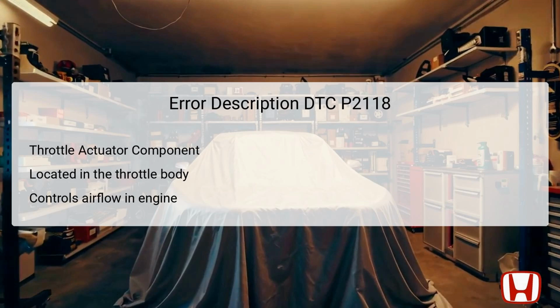The throttle body is typically situated between the air intake and the engine's intake manifold, allowing it to directly influence the mixture of air and fuel. Correct operation of this actuator is crucial, as any malfunction can lead to erratic engine performance, increased fuel consumption, or stalling.